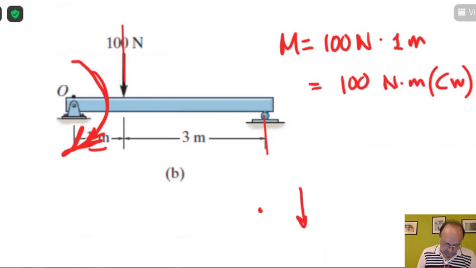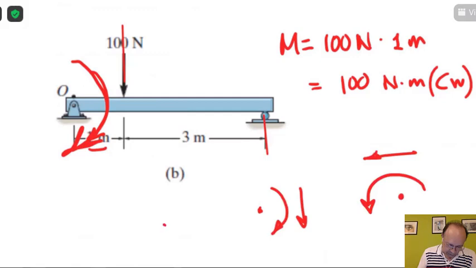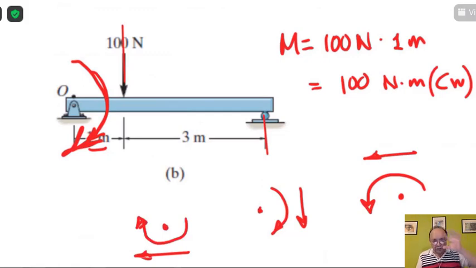In this case, this force with respect to this point produces rotation in this direction. If I put a point here, a force here, the rotation will be in this direction. If I put this point here and this force here, the rotation will be in this direction. You have to apply your common sense about how to visualize in what direction the force is producing the rotation of the point.